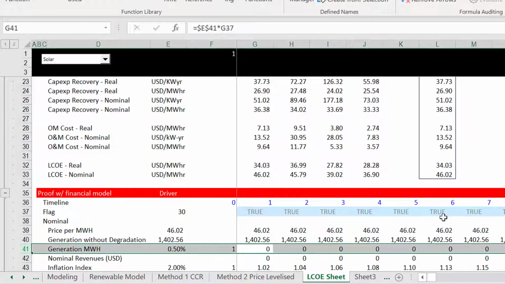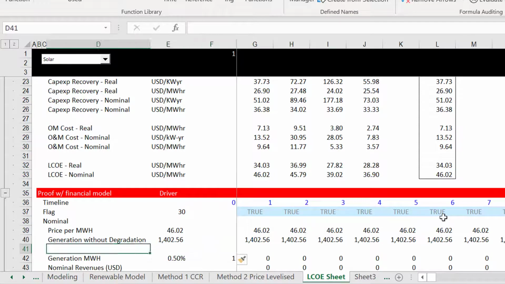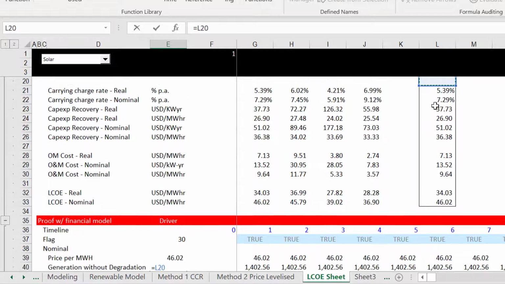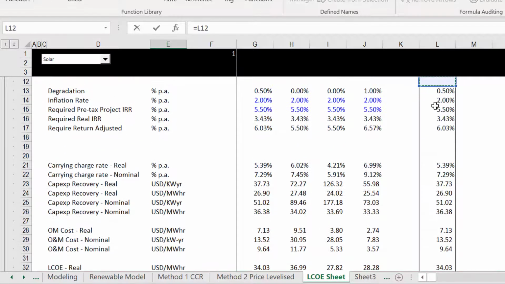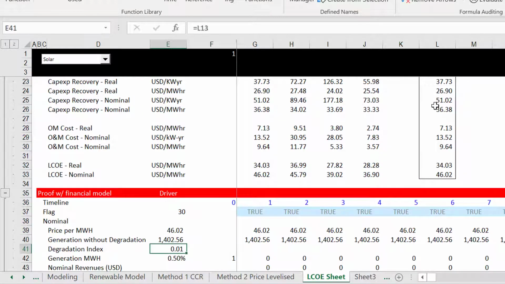I'm going to do something else. Excuse me. I'm going to put degradation index, and we'll put a 1. And this is the thing we'll multiply by this.